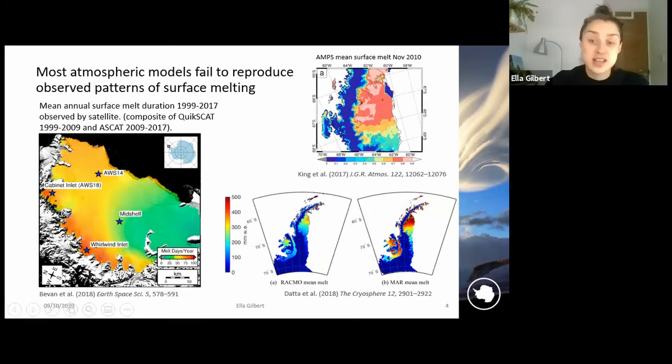We need to be able to capture the processes that are driving the melting if we're confident that we can use it to understand what's going on and how this might affect ice shelves in the future.